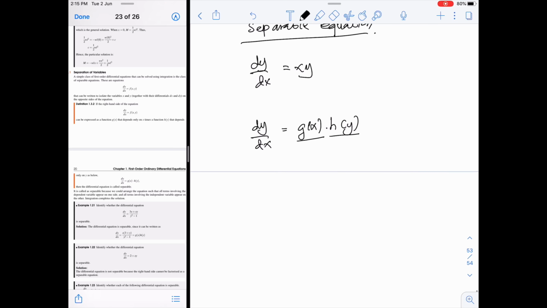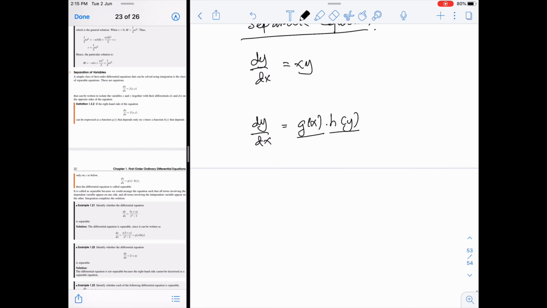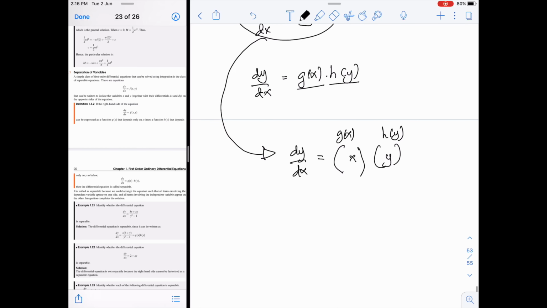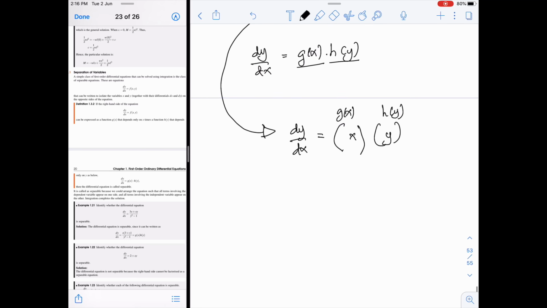So we call this a separable equation. Just like this differential equation, you will have dy/dx equal to, first, a function of x, which we denote as g(x), and another one as a function of y. So we call it a separable equation.